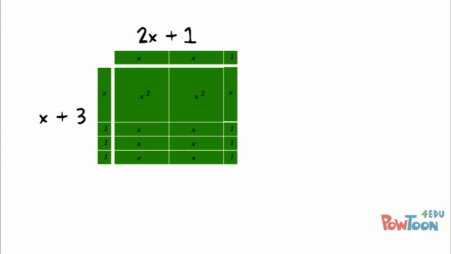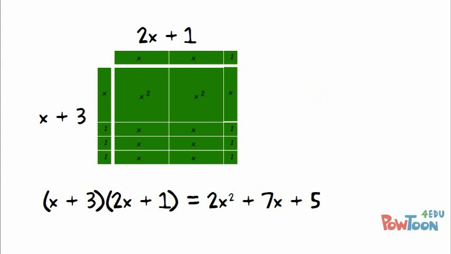Notice that in the result, there are 2 of the x squared blocks, 7 x blocks, and 5 1 blocks. We can therefore write the answer like this. Notice that it's the answer we found when we used the distributive property.